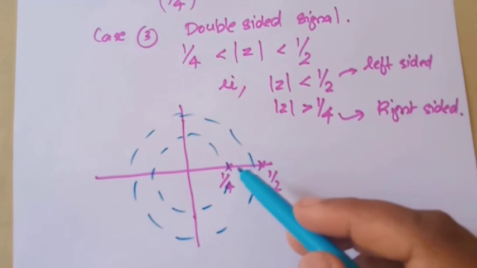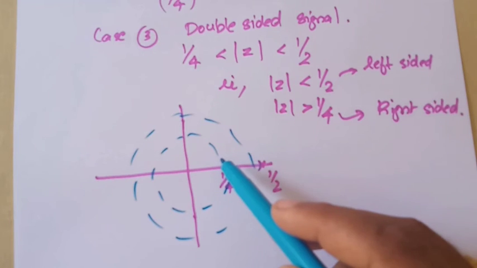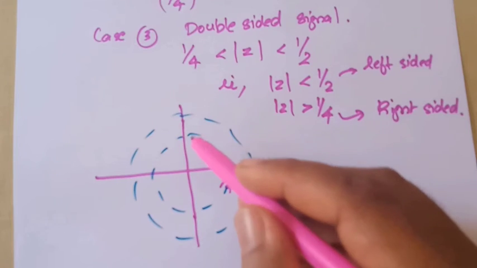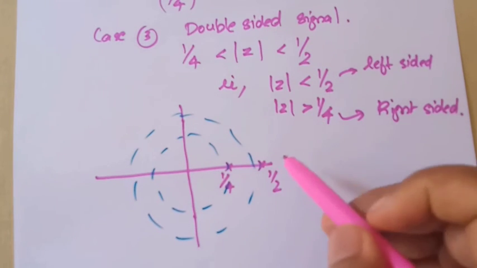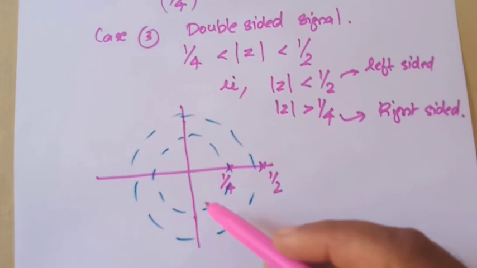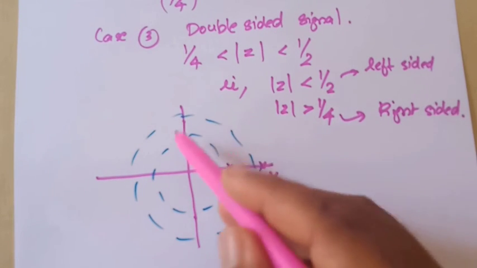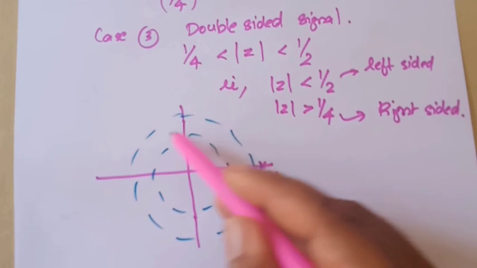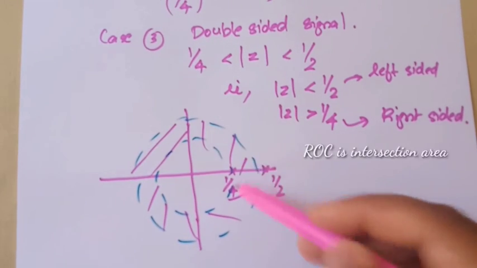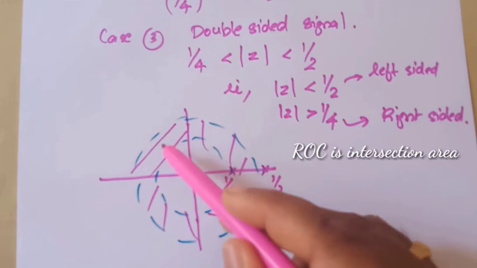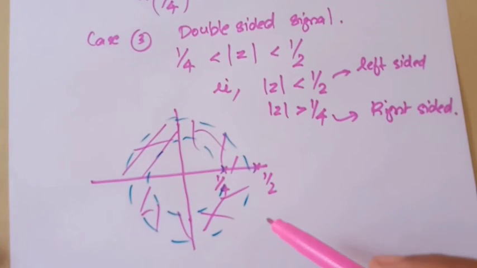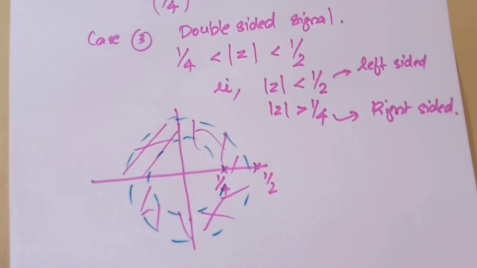By definition of a double-sided signal, |z| less than 1/2 means it's inside the circle of 1/2, and |z| greater than 1/4 means outside the 1/4 circle. So the intersection will be the ROC. That is, the ROC will be between the 1/4 region and the 1/2 region. This is the region of ROC in this case for a double-sided signal.